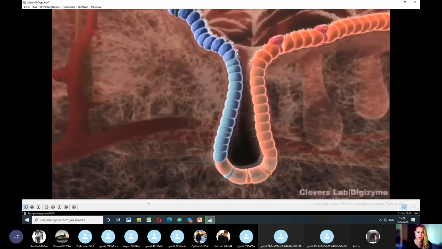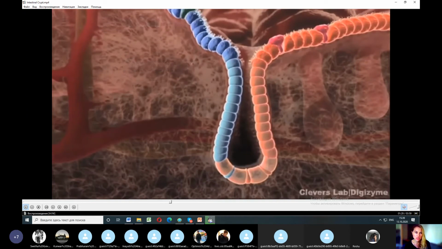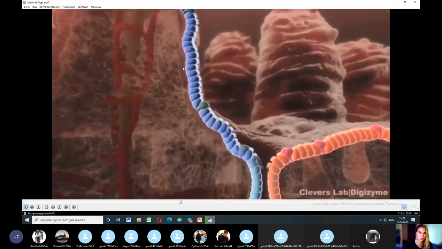And as you can see, these newly formed cells will be able to differentiate into any types of the cells, into goblet cells, into enterocytes, and as a result, they provide a regeneration of the epithelium of the crypts and villi both.